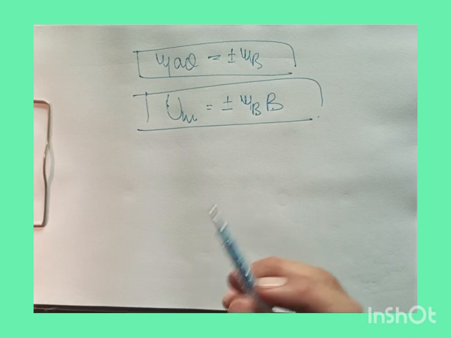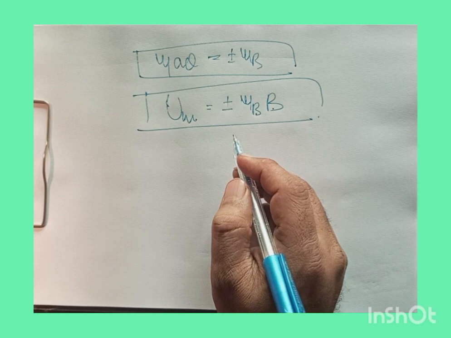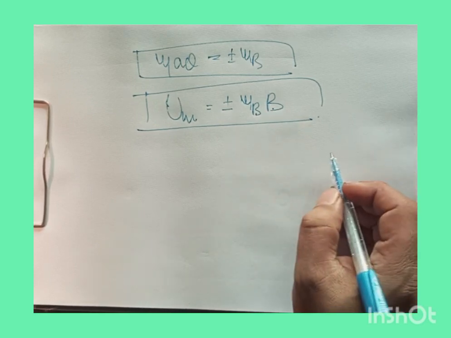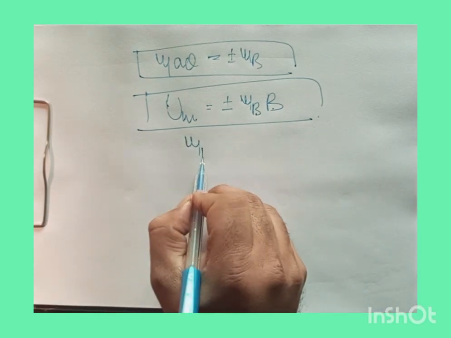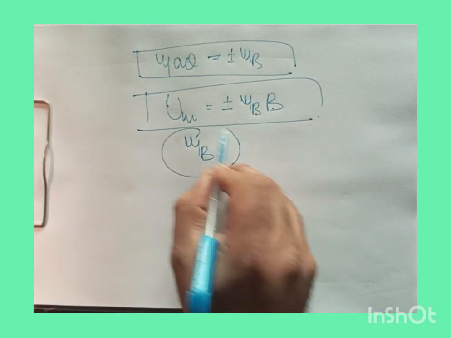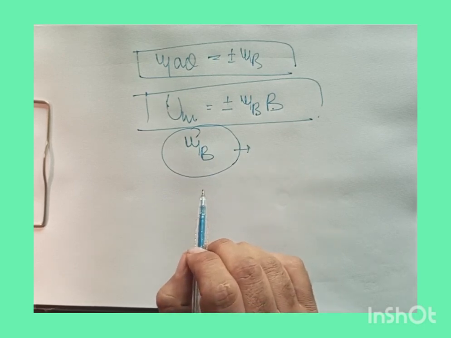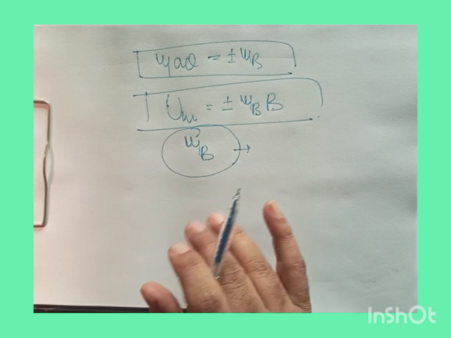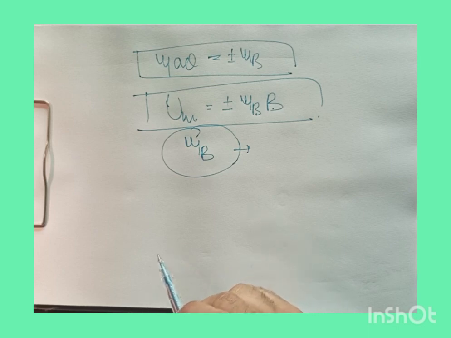Now, depending on the orientation of the spin vector, the energy of an atomic electron will be higher or lower by the amount mu B, depending on the orientation of the spin.